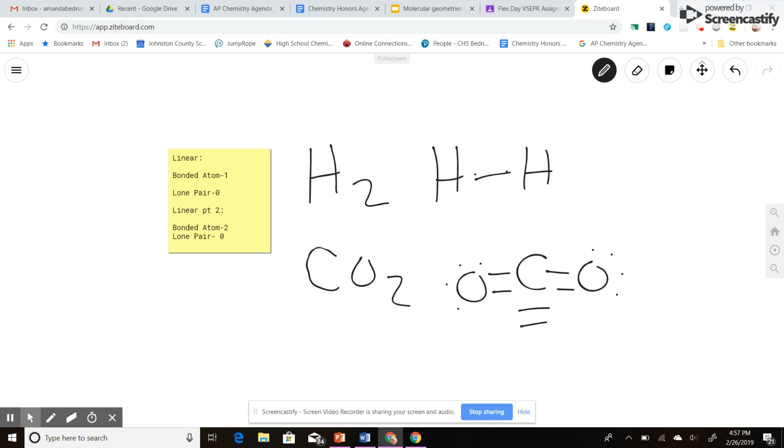There are no lone pairs, and there are 2 bonded atoms. So our first molecular shape is linear. It can either be 1 atom bonded with no lone pairs or 2 atoms bonded with no lone pairs.